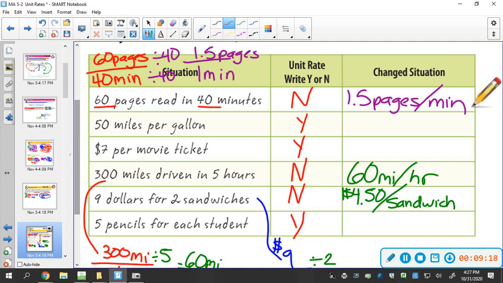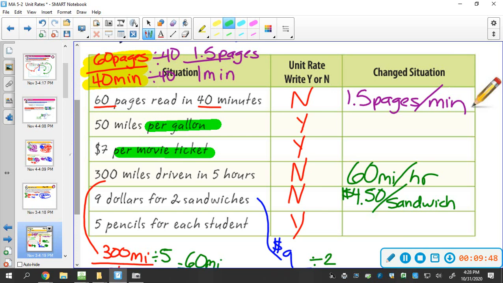So that was a no, and you can see up here I wrote that problem out, and I did divide by 40 on the top and the bottom to find that it was 1.5 pages per minute. The next one, 50 miles per gallon. There was no number there. That's for 1 gallon. That's a unit rate. $7 per movie ticket. Per movie ticket. That's what makes it the unit rate.